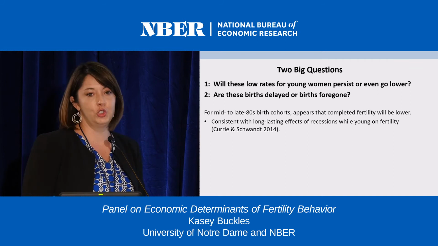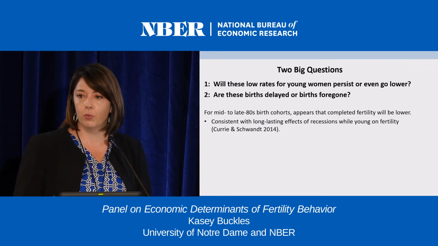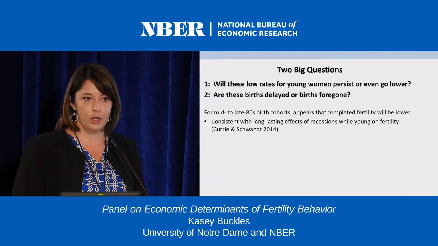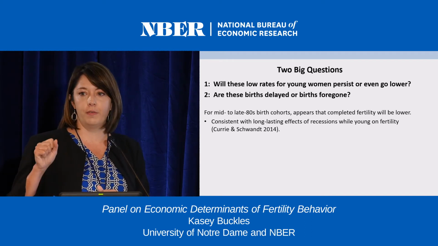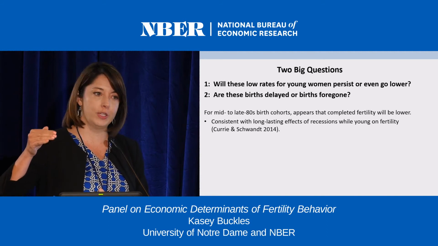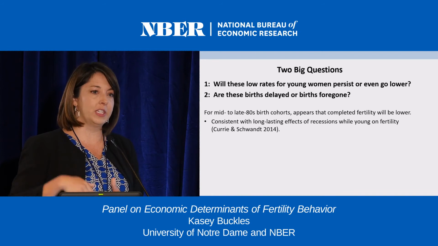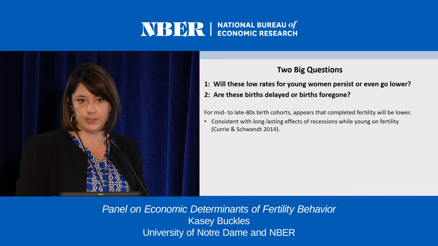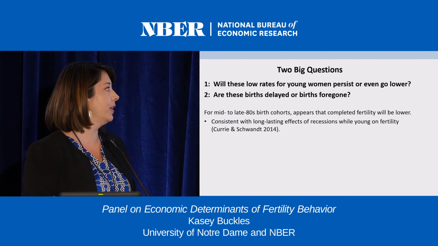So this paper by Janet Currie and Hannes Schwandt looks at the unemployment rate that women face in their young years, say age 20 to 24. They show that for each 1 percentage point increase in the unemployment rate that you face at that young age, we expect about 14 fewer kids in terms of completed fertility per 1,000 women, right?